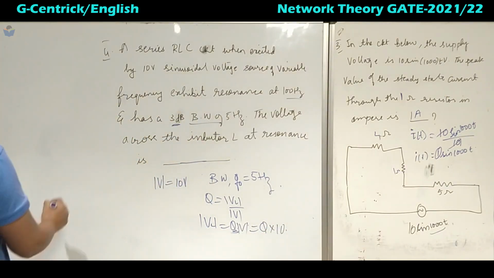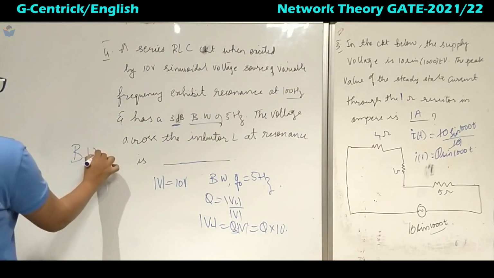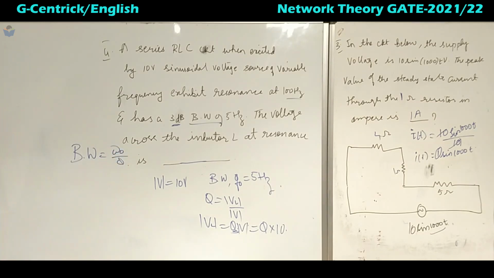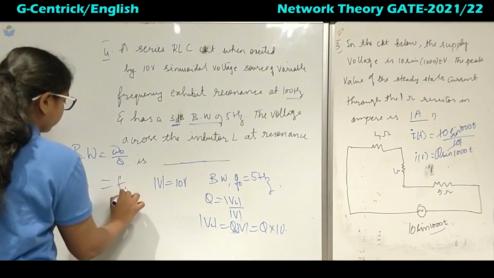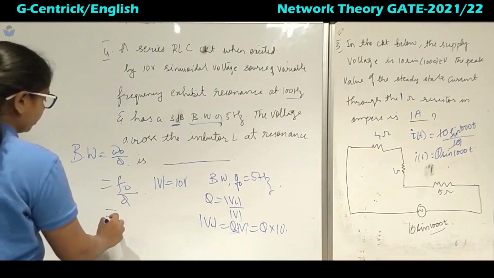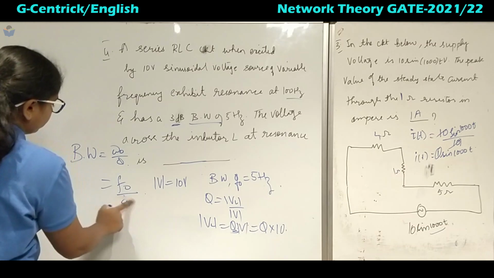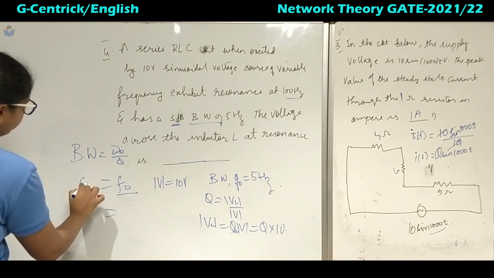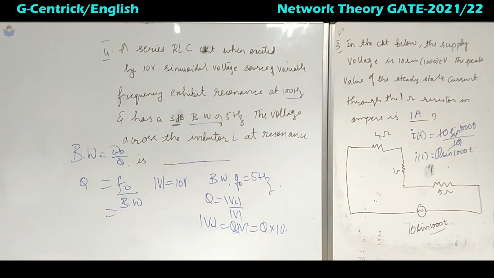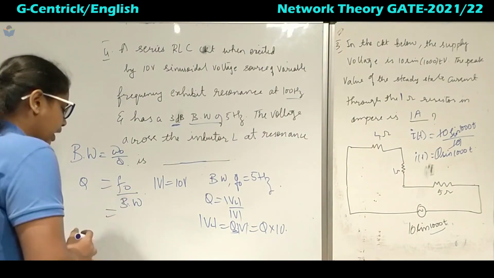To find Q, we have bandwidth equal to omega naught by Q, so we have F naught by Q. So Q is F naught divided by bandwidth.